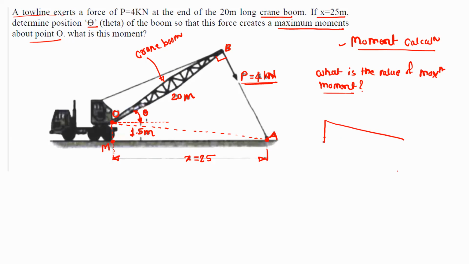So this is the triangle. This is point A, this is point O, and this is M. So this is 1.5. This is X distance, that is equal to 25. We are interested in this diagonal value. Once we get this diagonal, then we can use trigonometry, or maybe cosine rule or sine rule, in this triangle, and we can get the value of theta. Okay, so is it clear to you?